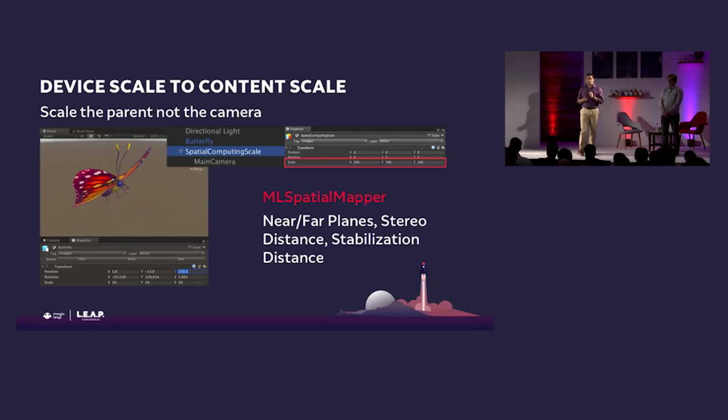Similarly, if you are not using the standard 1 meter scale and you're using ML Spatial Mapper, make sure that the parent field in the ML Spatial Mapper is set to the parent of the main camera. Near far clipping planes, stereo convergence distance, stabilization distance, they all need to be specified in the scene units as well.